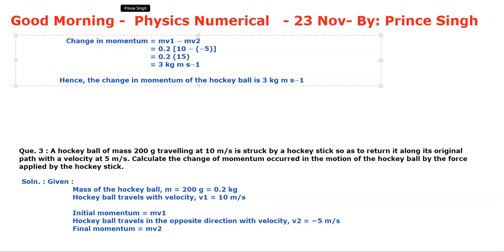Because if you do final minus initial, you will get the value in negative. There only you will understand that you have done the wrong direction of momentum. Okay, you have done the calculation in the opposite direction of momentum.